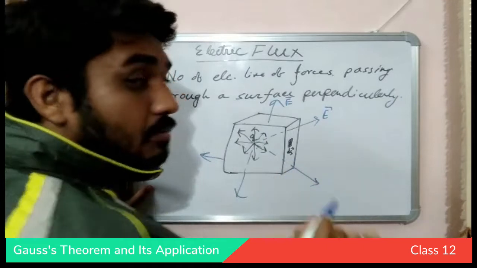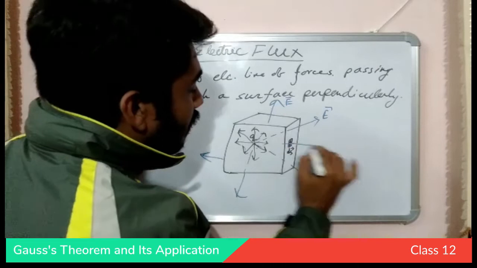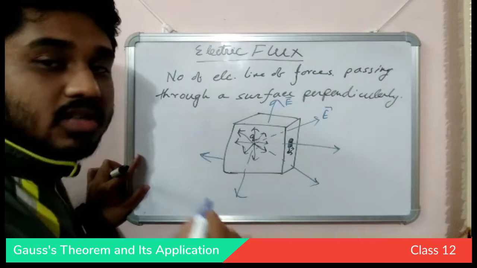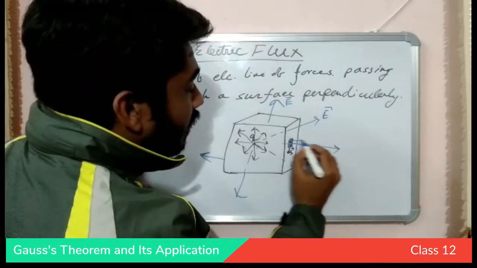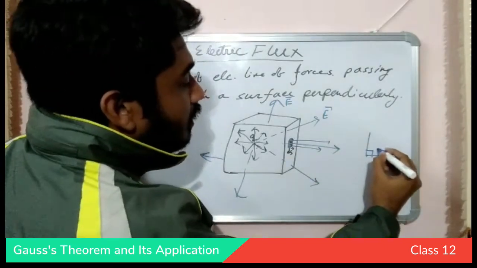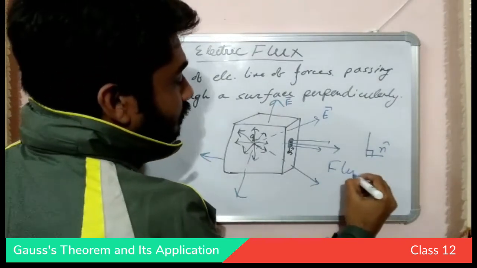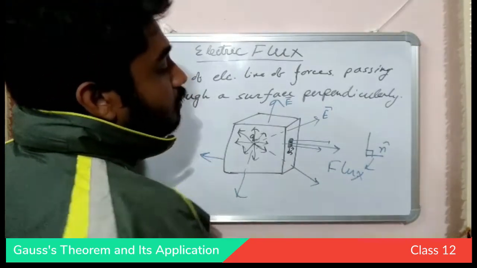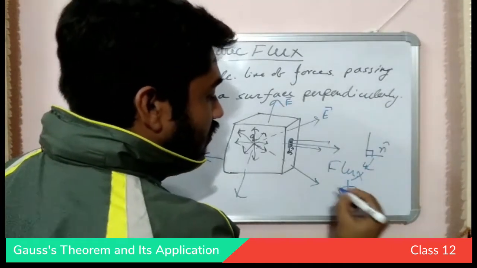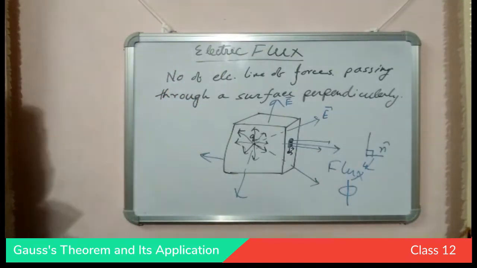So there must be some electric lines of force passing perpendicularly through this surface ds. The number of lines of force passing through this surface perpendicularly is the flux. The perpendicular line of force is flux, and the flux is denoted by the sign phi. So this is our flux.